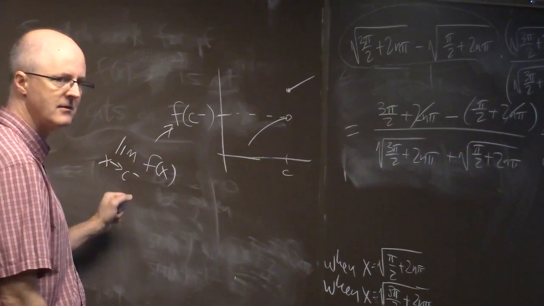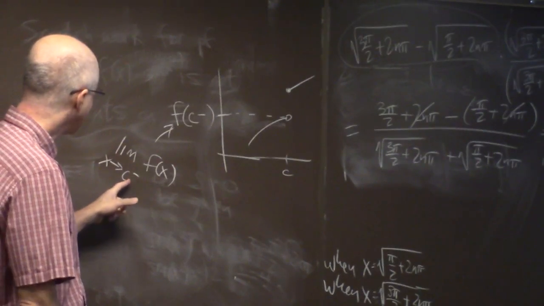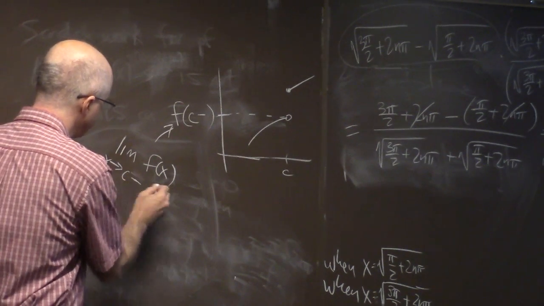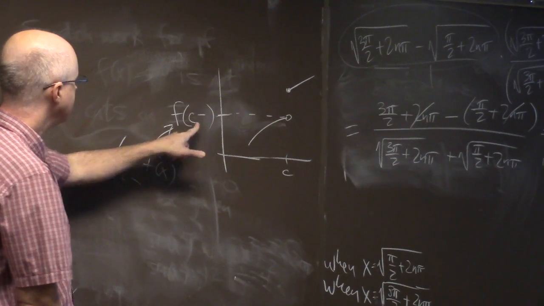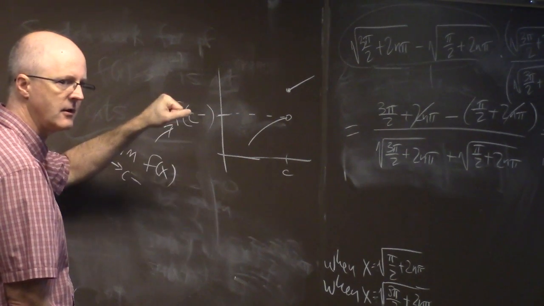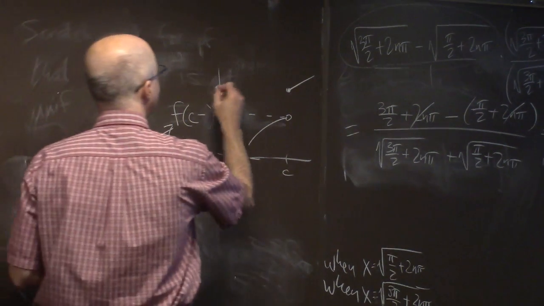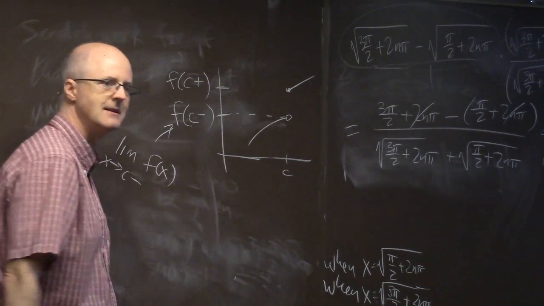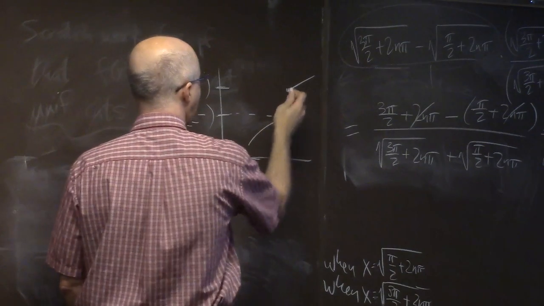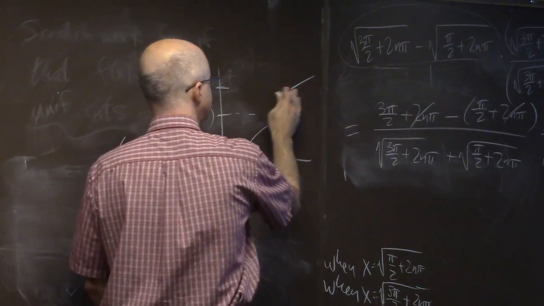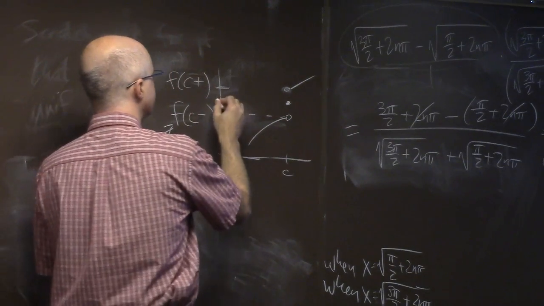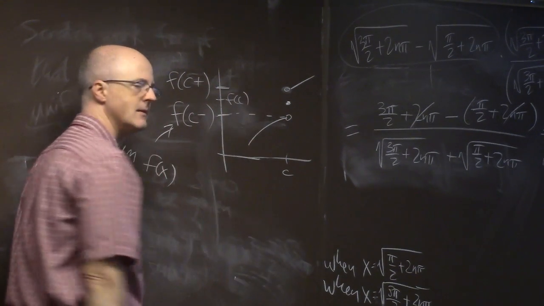Here we put the minus there. I'm used to putting this minus up there as if it's an exponent. It's not an exponent. Here, this value, the right-hand limit, is written f of c plus. And, well, that does happen to equal the function value at c, but it didn't have to. I could have a jump discontinuity like that, and this would be the value f of c itself.